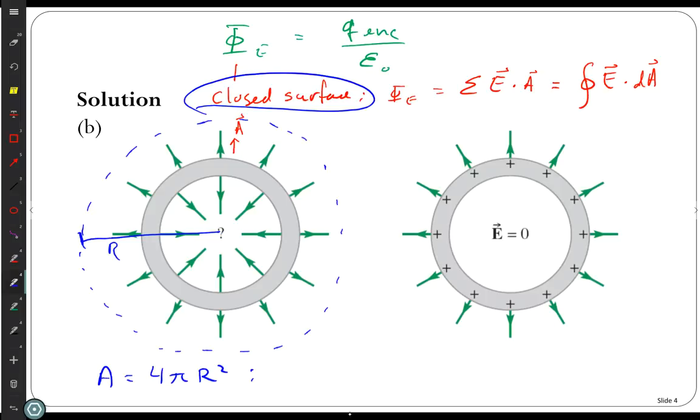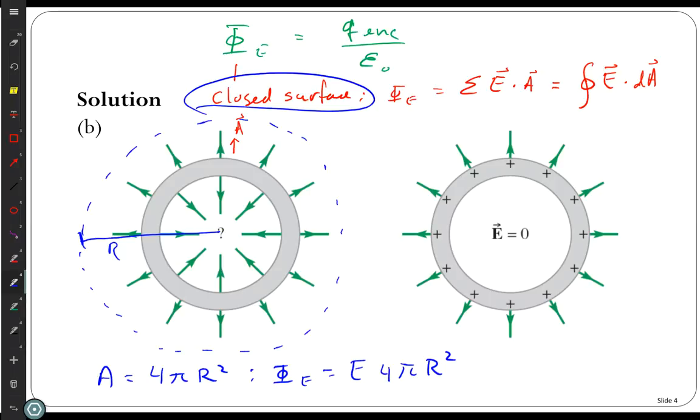And so that means the flux on that surface is equal to whatever that electric field is times 4 pi r squared. And remember, based on our symmetry, I had to use a spherical shell so that it matched the symmetry and the electric field was parallel to the area at all points. So that's my flux. And then according to Gauss's law, that flux is equal to the charge enclosed.